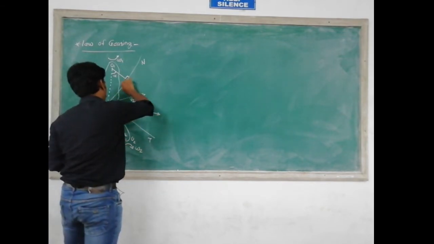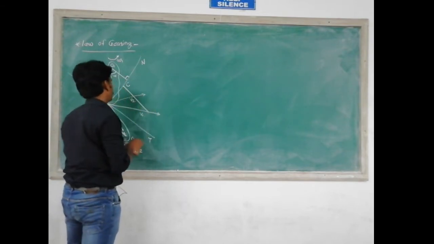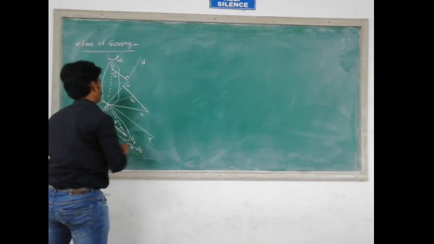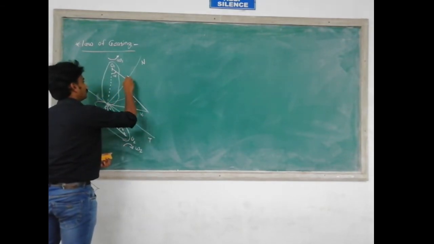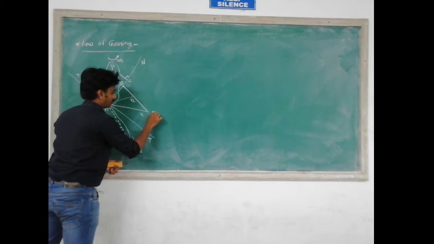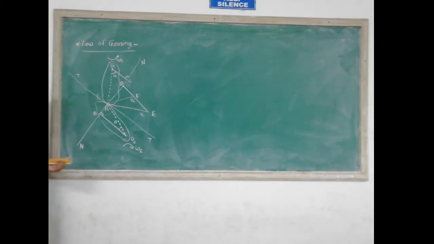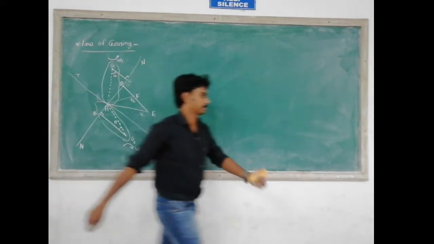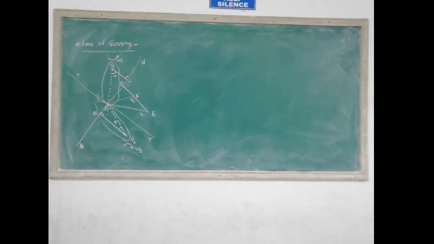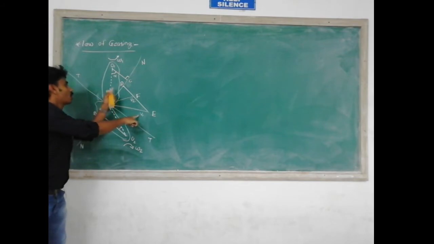Now draw a perpendicular line here and mark the points: this is point C, this is point D, this point is called E, and this point is called F. This angle alpha is between V1 and the normal.